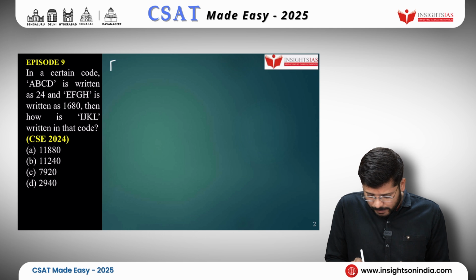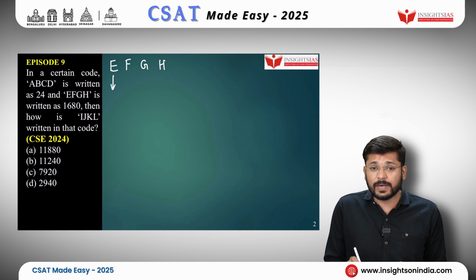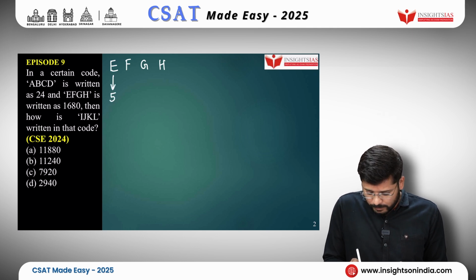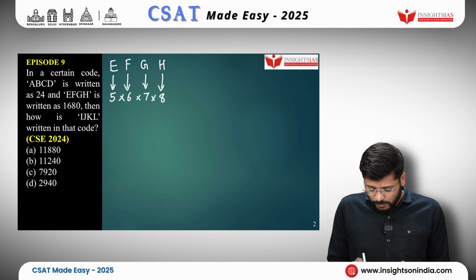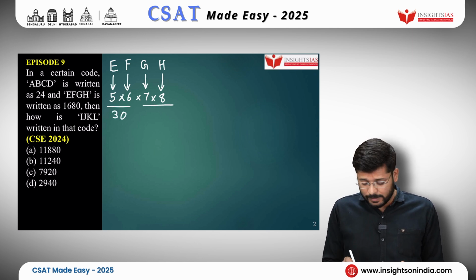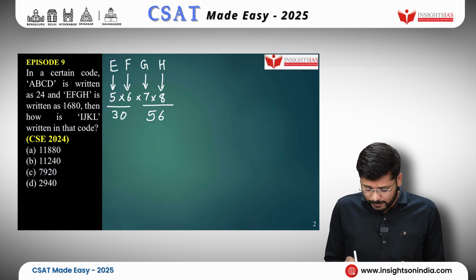EFGH. The positional value of E in the alphabet is 5, and this would be 6, this would be 7, and this would be 8. So, what would be the value of 5 into 6 into 7 into 8? 5 into 6 is 30, 7 into 8 is 56.